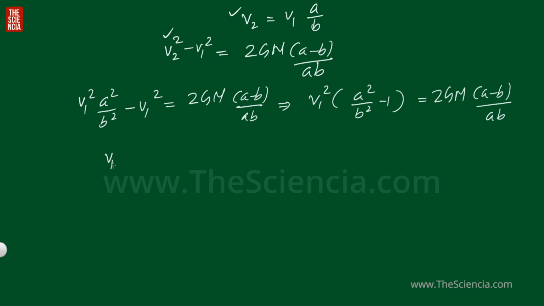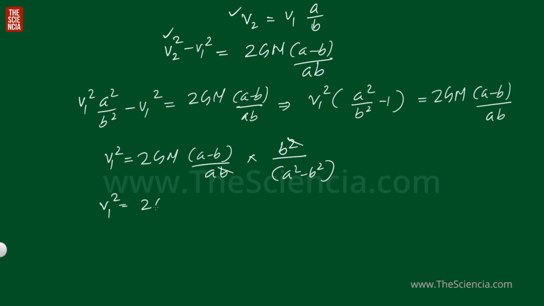That is v1 square is equal to 2GM a minus b by ab into b square by a square minus b square. So here we can cancel one of these b, and we can again rewrite this as 2GM into a minus b by a into b by a minus b into a plus b.